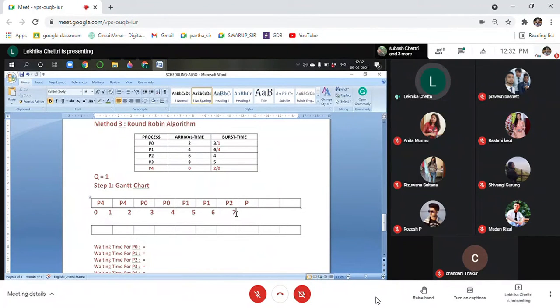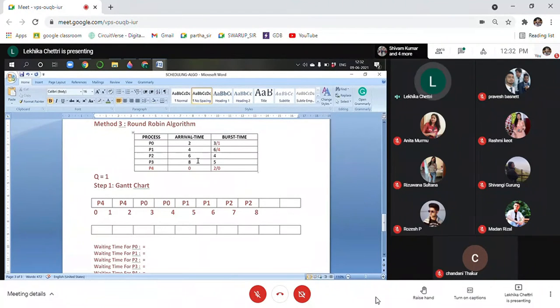In the 7 unit time, is there any other process in the ready queue? No. So I'll go a little faster now. P2 will continue to remain in the CPU.